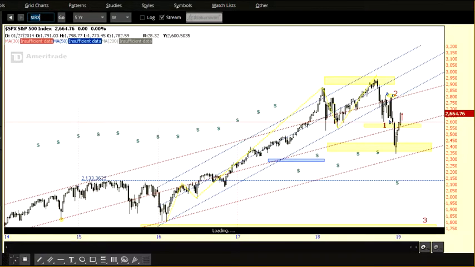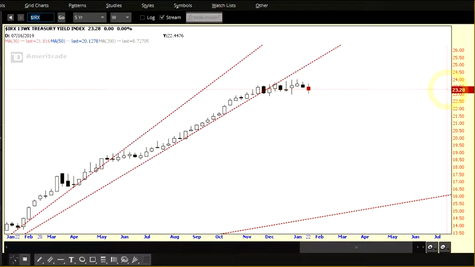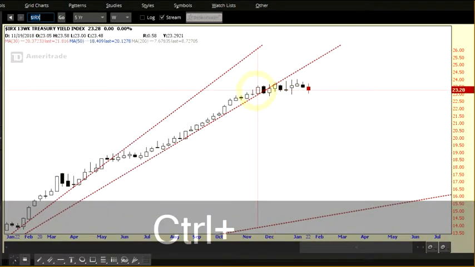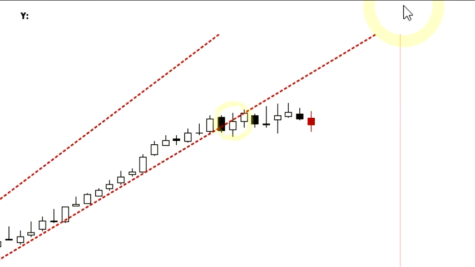Let's look at the 13-week Treasury. There's been a lot of talk about the Fed not raising rates anymore. Why is the Fed talking about that? Well, just look at the market. We talked about this way back here when this started to break the trend, that the Fed might stop raising rates for a little while. Again, this happens and then the Fed responds.